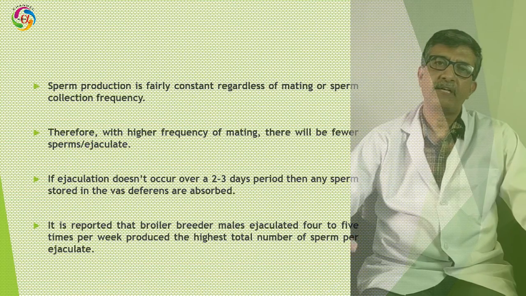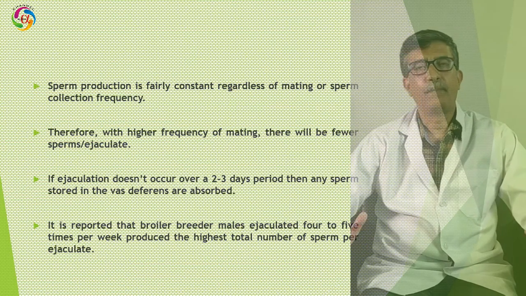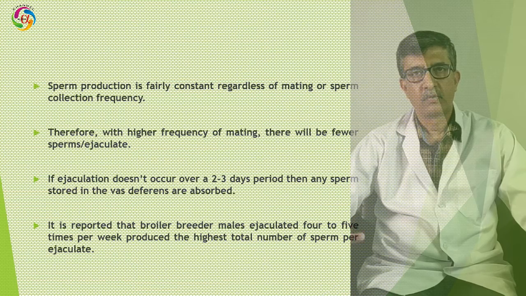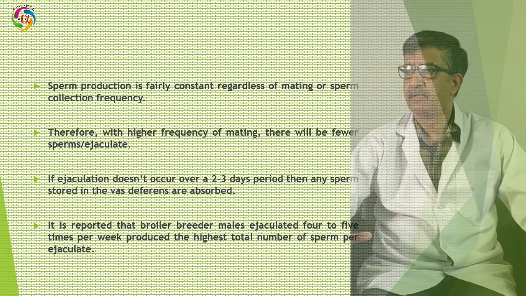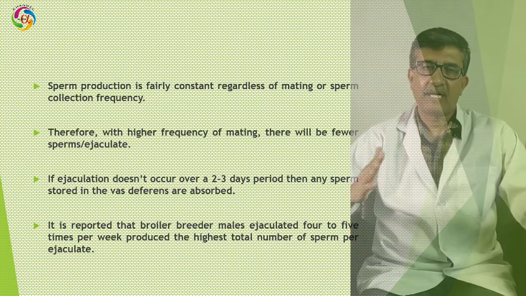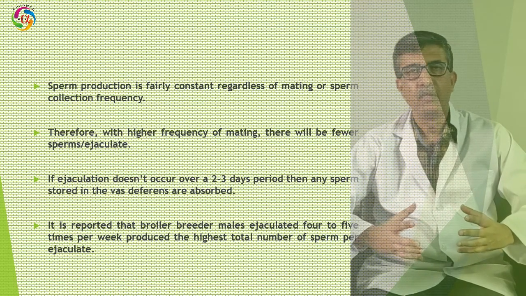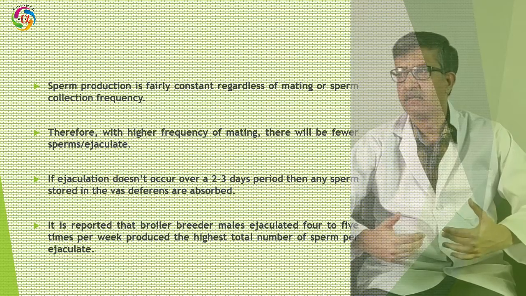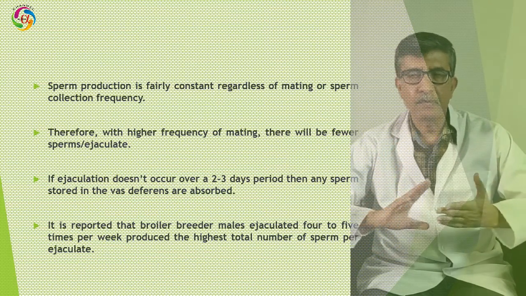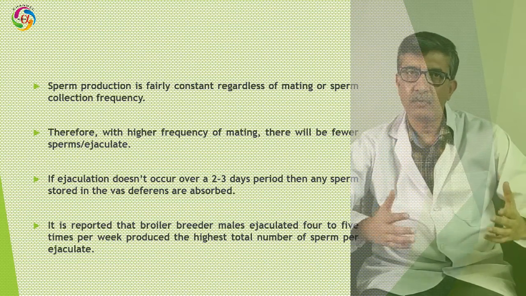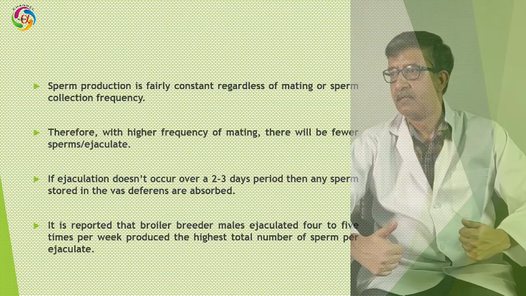Sperm production is fairly constant regardless of mating or sperm collection frequency. That means with a higher frequency of mating or sperm collection, the quantity of spermatozoa per ejaculate will be reduced.